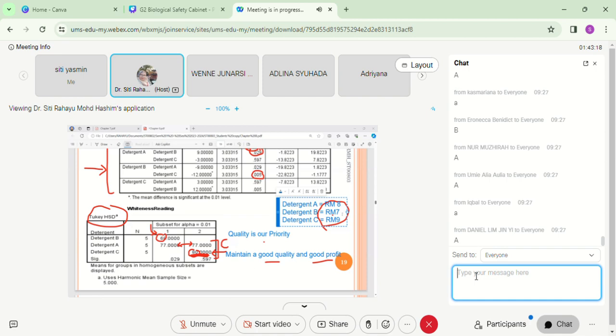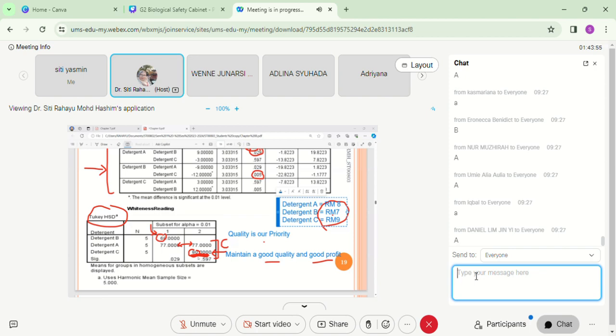Because definitely you can see from here, detergent C has the most expensive price per kilogram. Right? So it won't give you good profit even though it gives you good quality. I want both. Good quality as well as good profit. So the right answer is A, because even though the whiteness reading is lower than the whiteness reading when you use detergent C, but the difference of the whiteness reading between detergent A and C are not significantly differ.